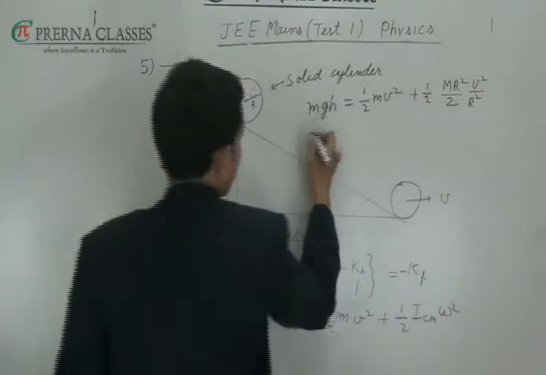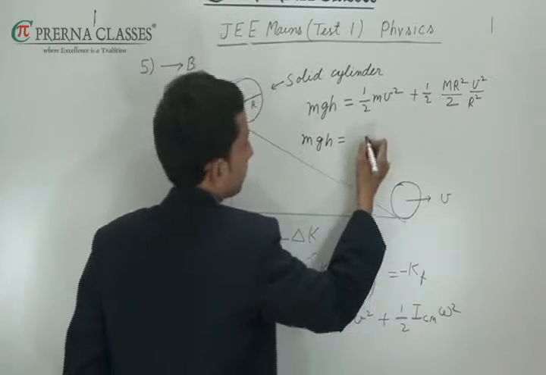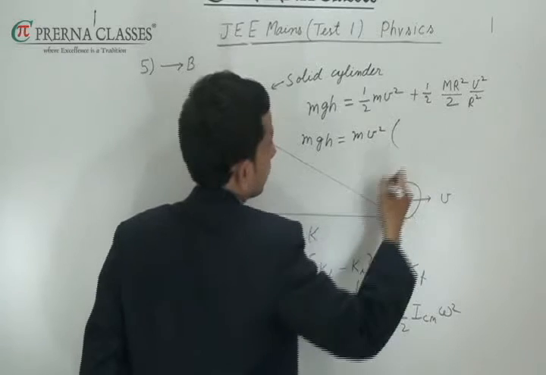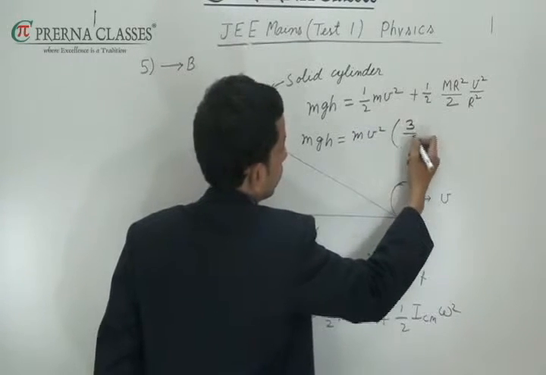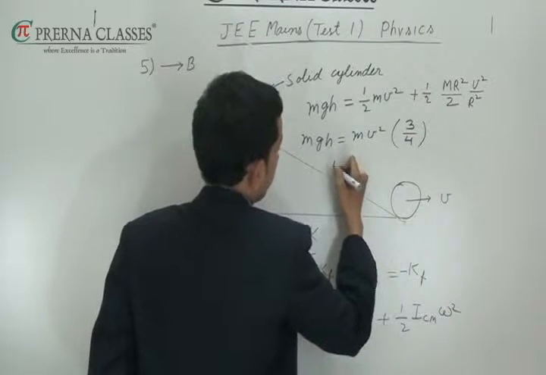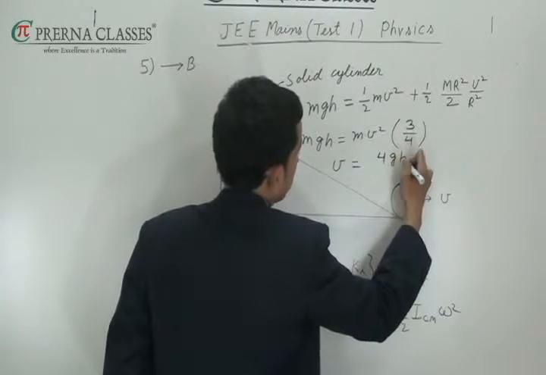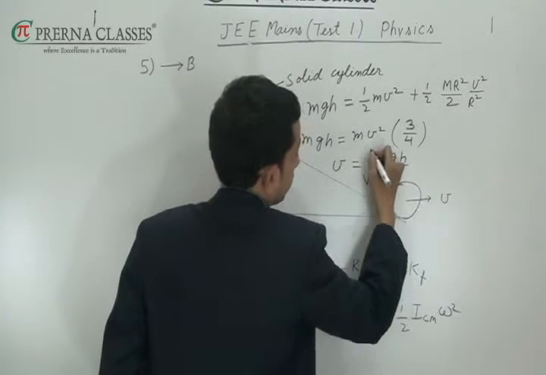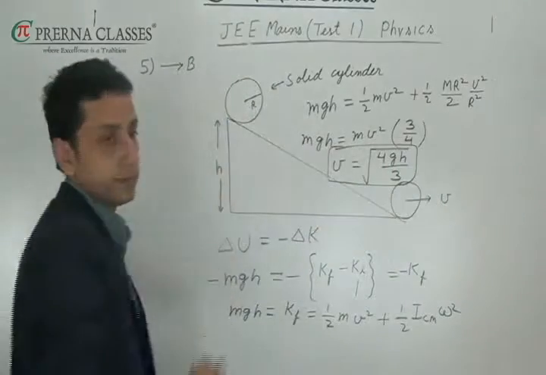So if we solve it, we will get mgh equal to 3 by 4 m v square. So v will be equal to the square root of 4 gh by 3, and that is option B.